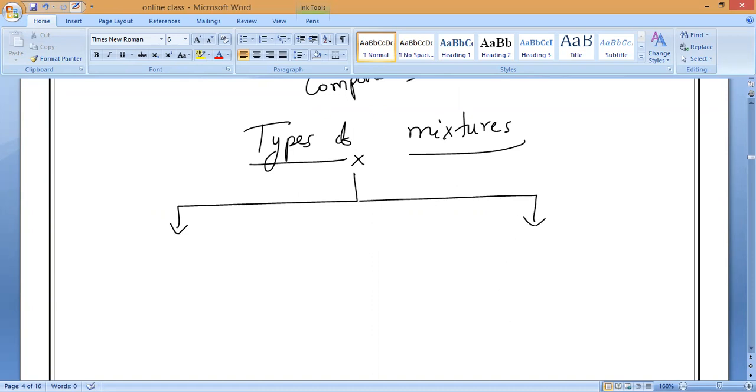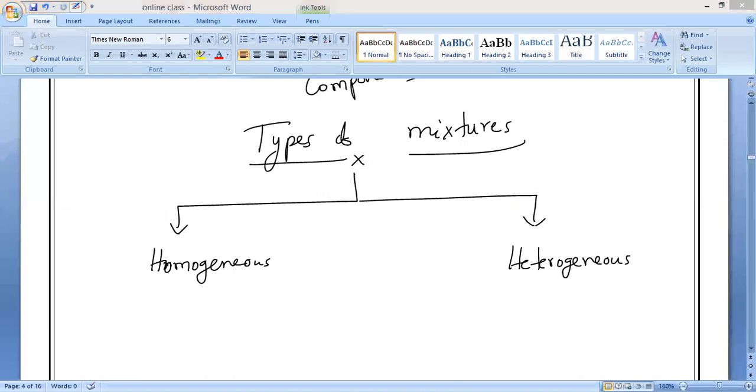The first is homogeneous mixture, and the second is heterogeneous mixture. Please write it down: homogeneous and heterogeneous.